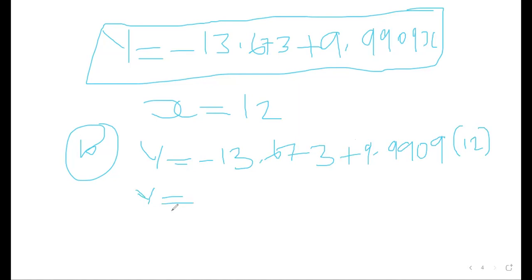We multiply 9.9909 by 12, then subtract 13.673. It gives us 106.2178. So this is the forecast for next year's sales using the regression equation. So we have also answered part B.